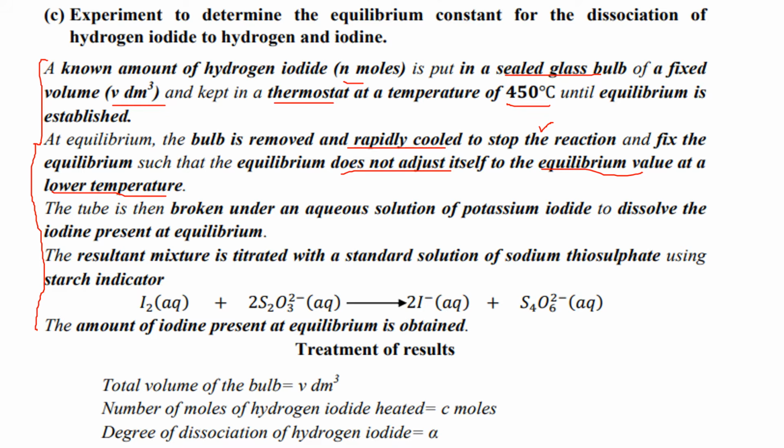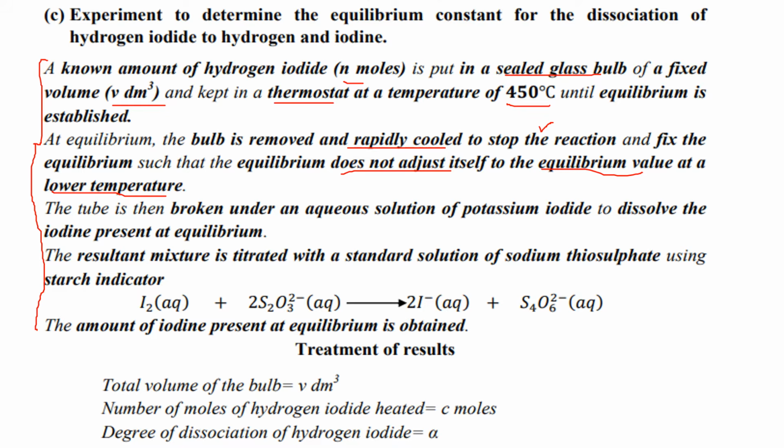So in the next step, the tube is then broken under an aqueous solution of potassium iodide. Now you are going to find that for anything involving iodine, just like I explained in group 7 on this channel, iodine is sparingly soluble in water, but is very soluble in potassium iodide because it dissolves in it to form a complex, which is triiodide ions.